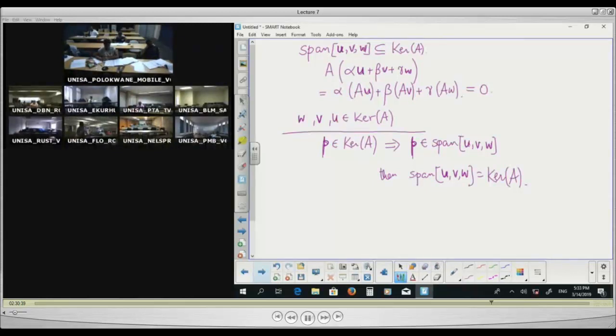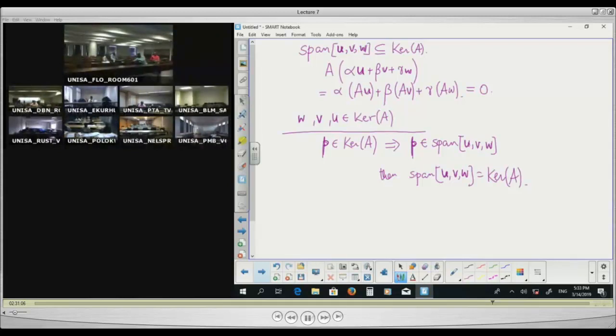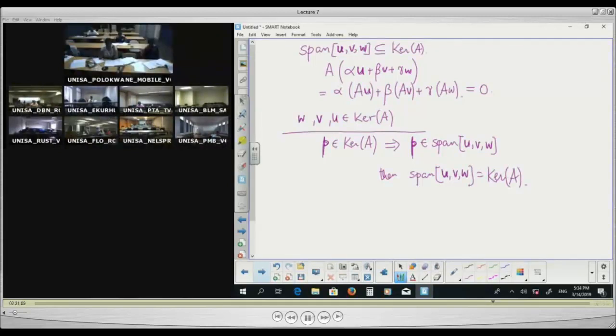Sir, the geometric meaning of independence: if we say that a set is independent, the geometric meaning would be that the vectors only intersect through the origin, and they don't lie on the same line.